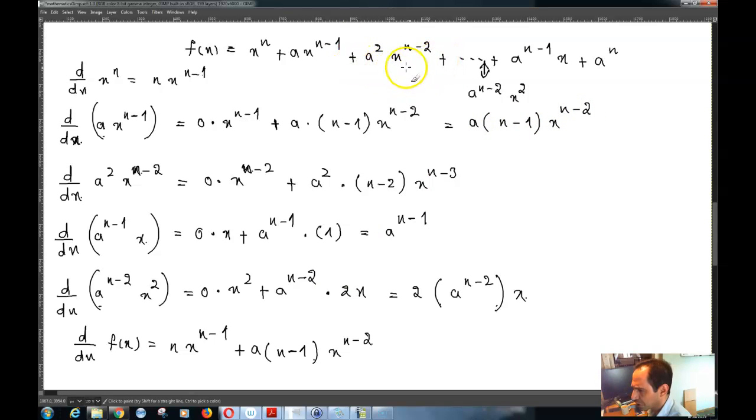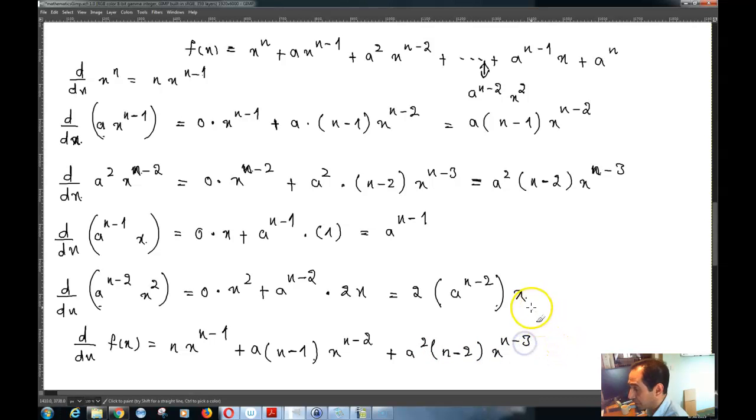This third function, a squared times x raised to the power n minus 2, based on these terms over here, you can write its derivative as a squared times n minus 2 times x raised to the power n minus 3. So I can write it as plus a squared times n minus 2 times x raised to the power n minus 3.